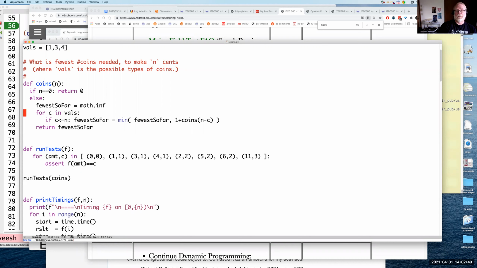And that way of searching is, if n is 57, I need to give 57 cents away in change. Well, look at the following ways of doing it.